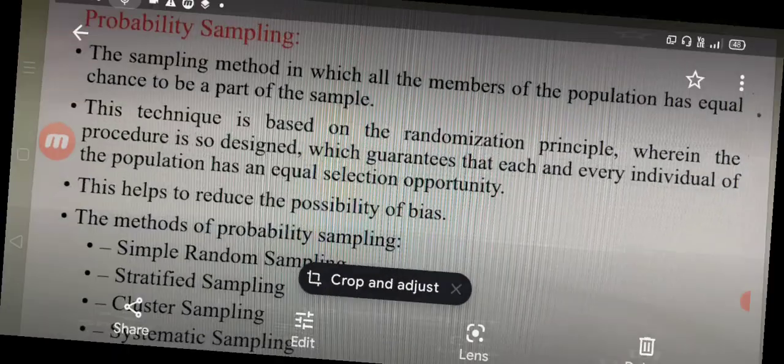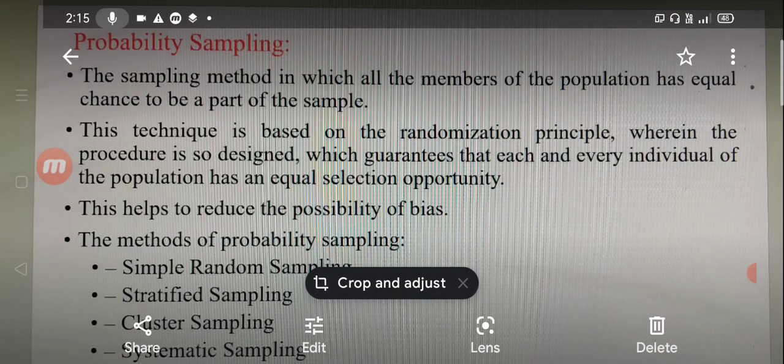But there are various methods within the probability sampling. Based on these probability techniques, each and every individual has a chance to become the respondent.